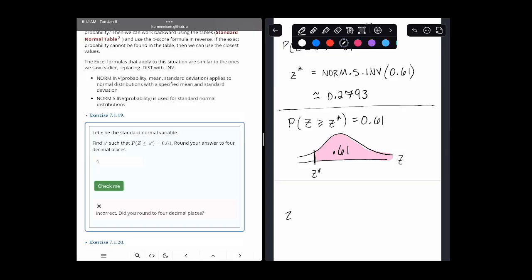So if I want to find z star, I would still want to use norm.s.inv because they're telling me an area, but what I plug in has to be the area to the left. Well, the area to the left isn't 0.61, it would be 1 minus 0.61. And so earlier when we were finding areas, we had a 1 minus out front. Here it's inside because we have to plug in our area to the left inside the formula.